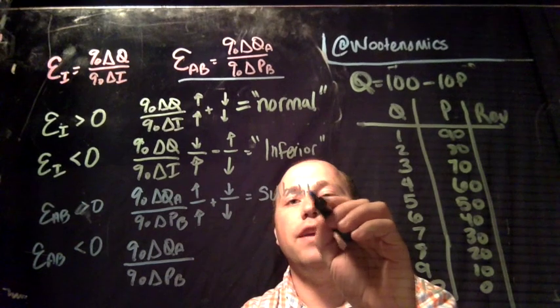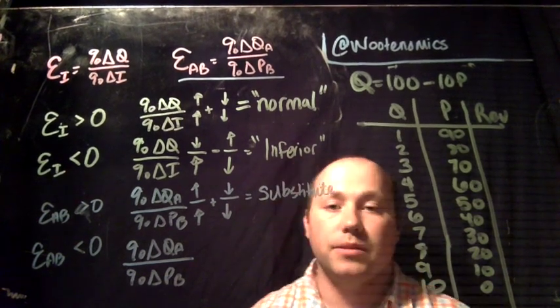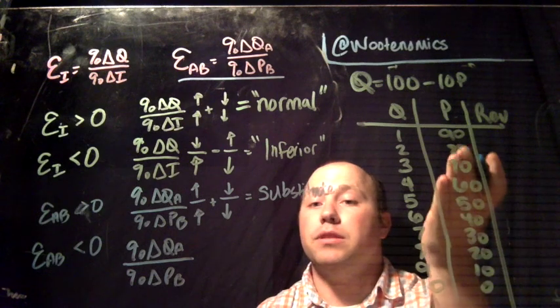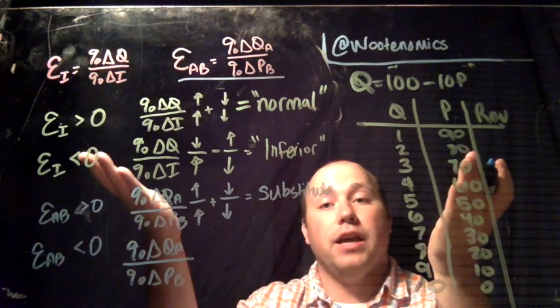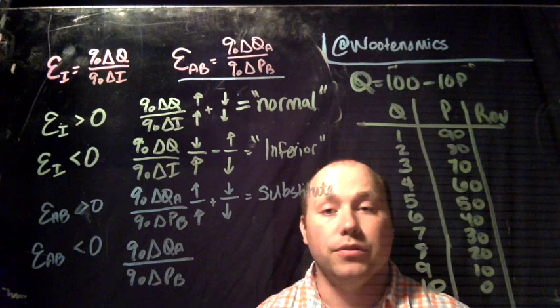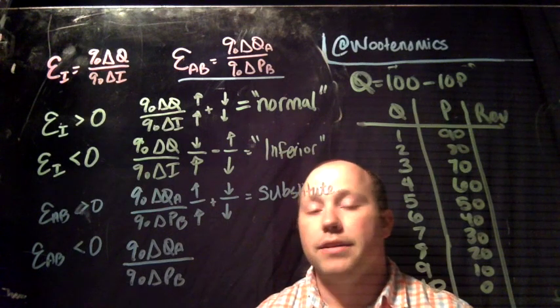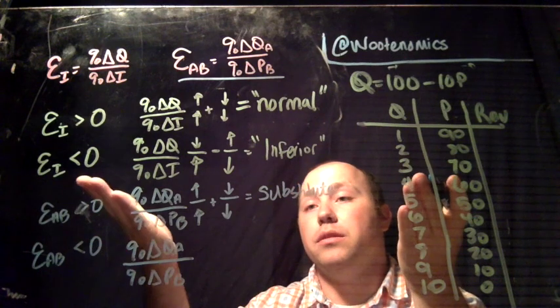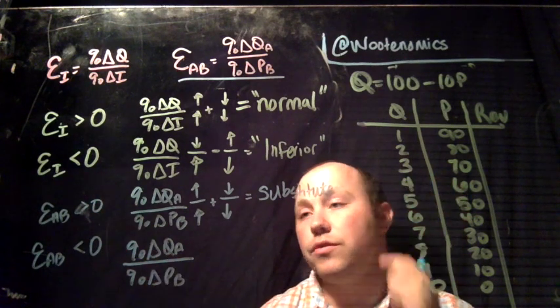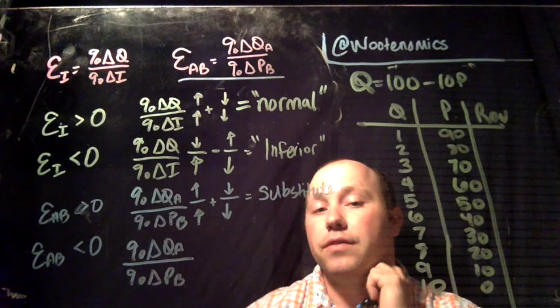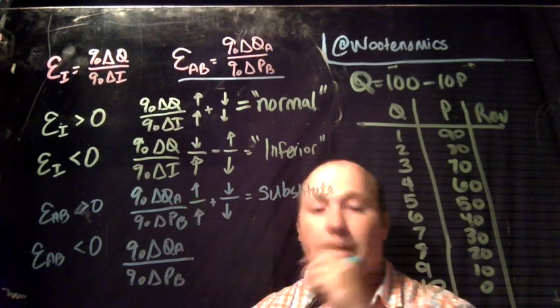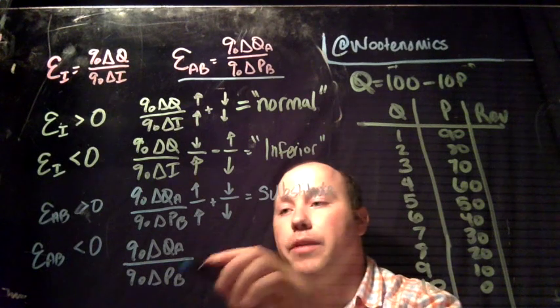As the price of chocolate ice cream becomes more expensive, I want to purchase more vanilla ice cream. Those are substitutes for each other. As the price of Coca-Cola becomes more expensive, I want to purchase more Pepsi. And so two items are substitutes for each other. They have a positive cross-price elasticity. The price of one item moves in the same direction as the quantity of another item.